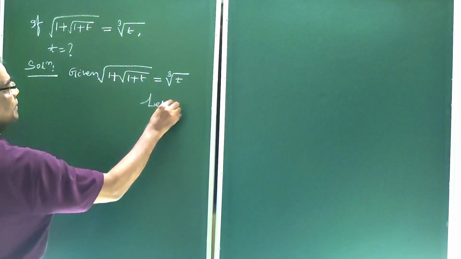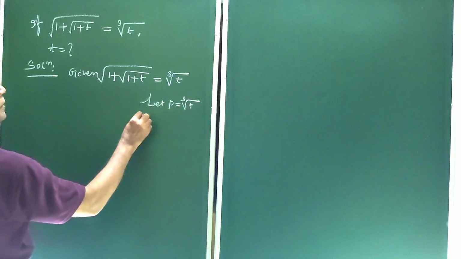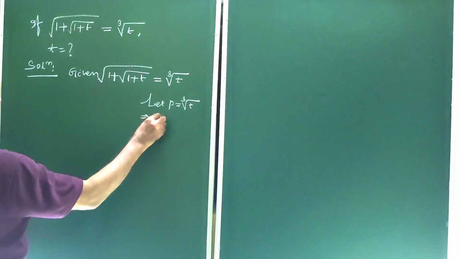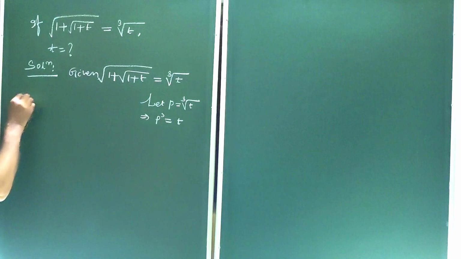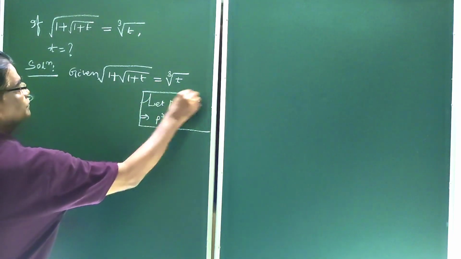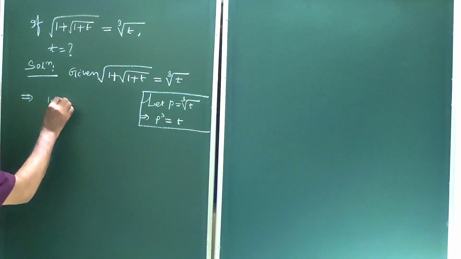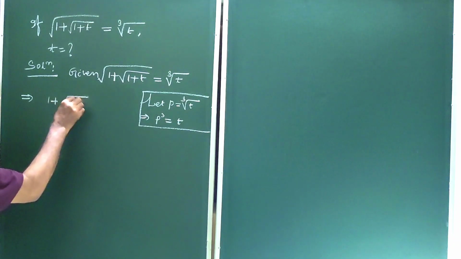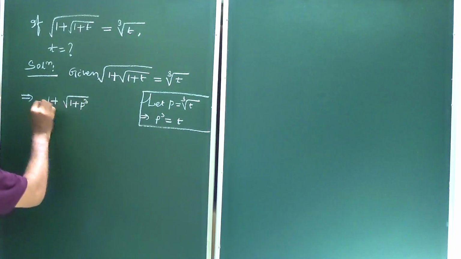Let p be equal to the cube root of t. Then p³ is equal to t. So this implies 1 + √(1 + t) can be replaced with p³.